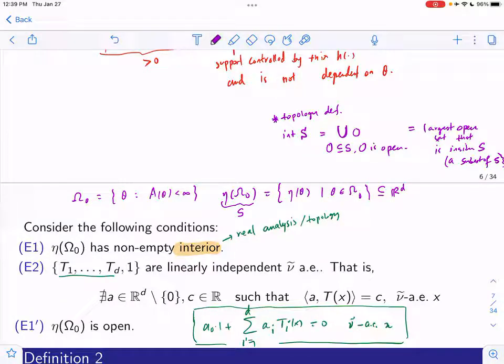So the points that are in the interior are called interior points. How can I identify an interior point of a set? What point is in the interior? Any point that's not in the boundary. Yeah, so then the question is, what is the boundary?